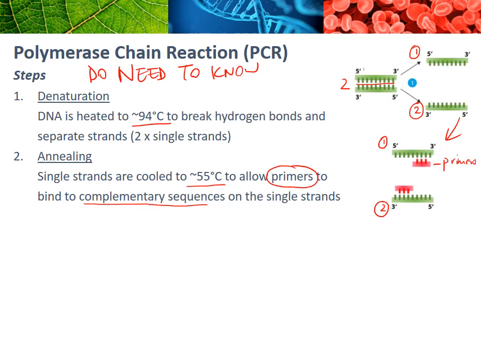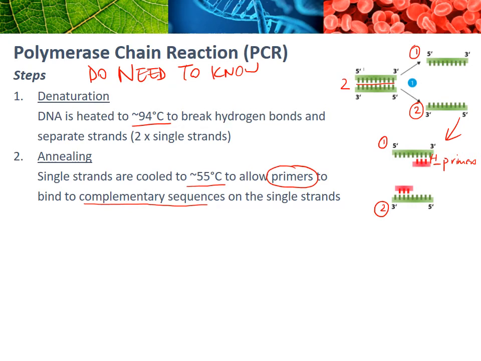The reason it has to cool down to 55 degrees is that's a good temperature for these hydrogen bonds to reform. Remember, at the high temperature, the hydrogen bonds broke. So they reform and these primers attach.